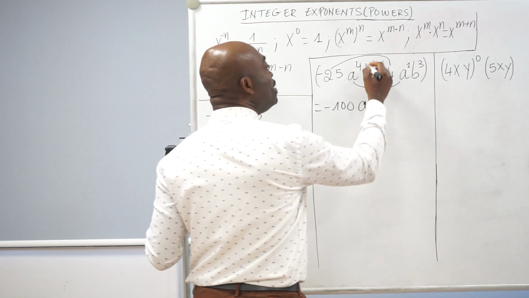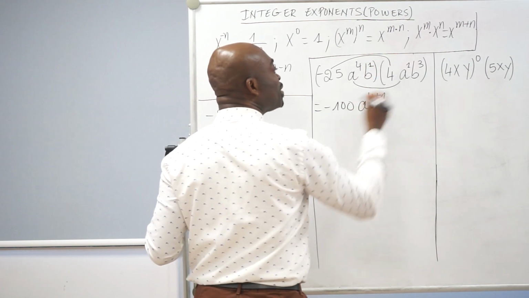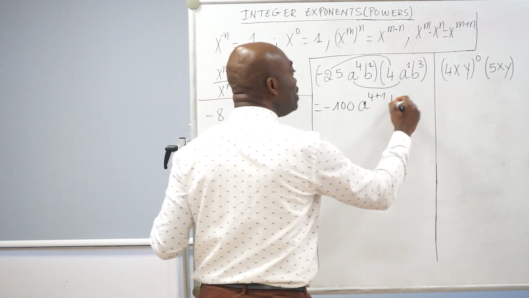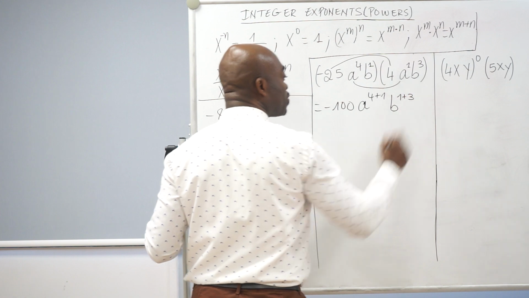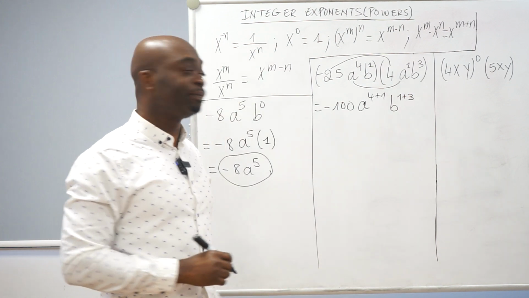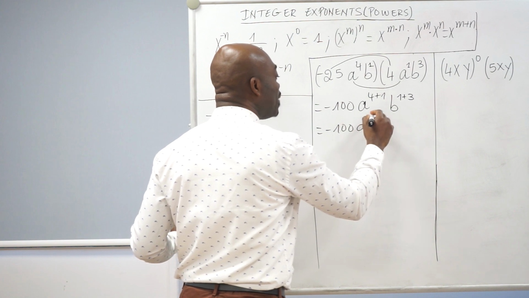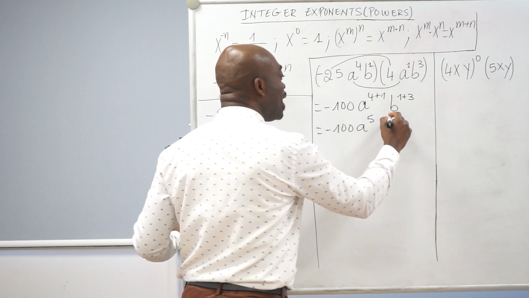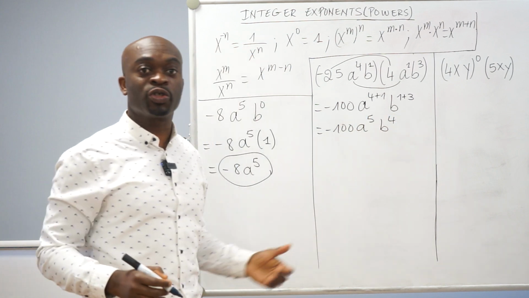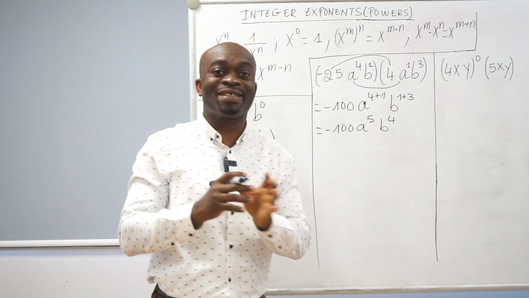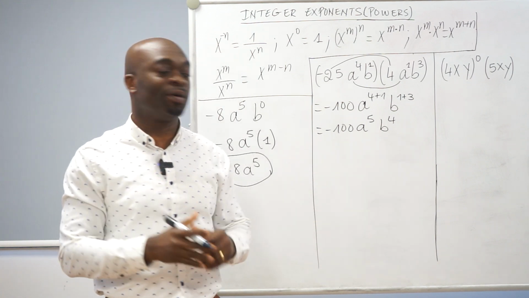So that is b power 1 times b power 3. So that is b power 1 plus 3. We good? So what we have is -100, a power 5, b power 4, when we add those two numbers together. So this is how we simplify these kinds of problems.